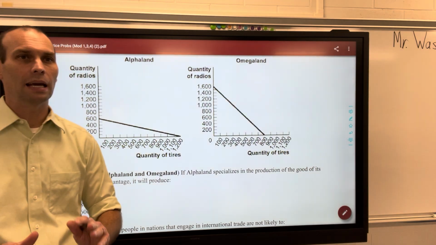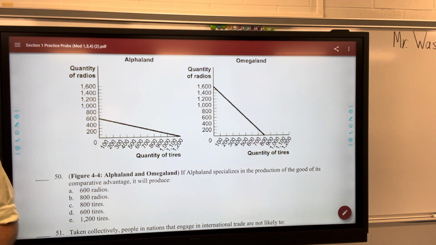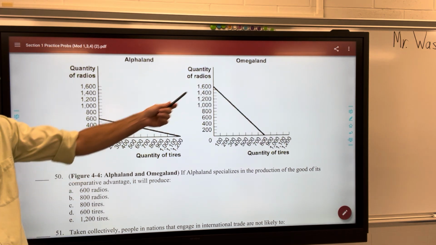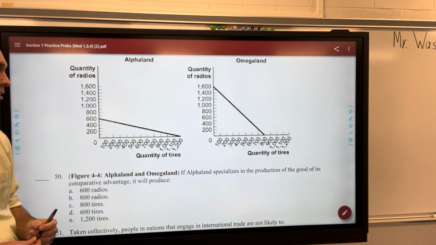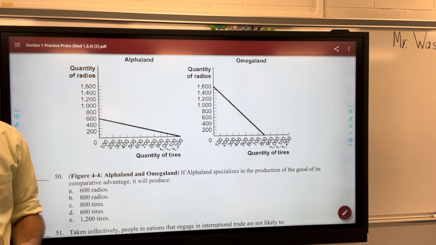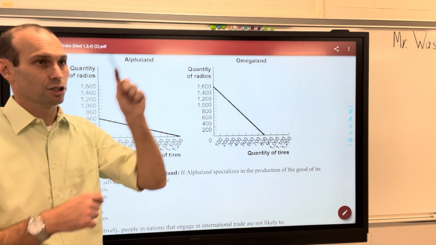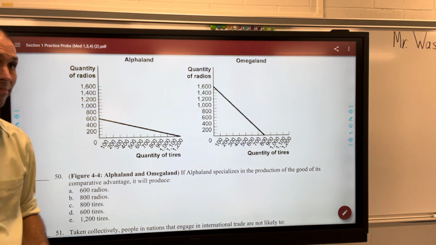All right, without tabling it, let's go ahead and just solve with what we know. Who has the absolute advantage in radios? Omega Land does, because they do 1600 versus 600. Who has the absolute advantage in tires? Oh wait, if you have differing absolute advantages, what does that mean? That's their comparative advantages too. Done. Math achieved.